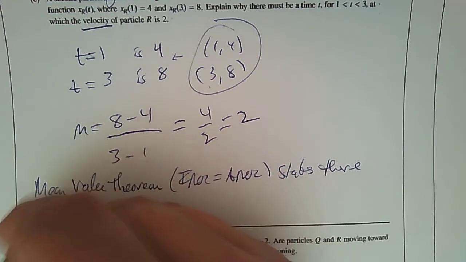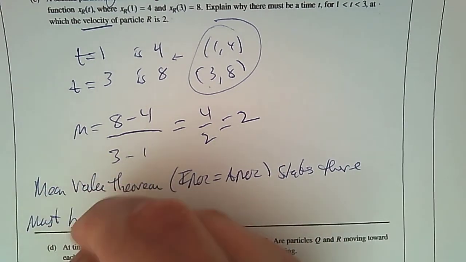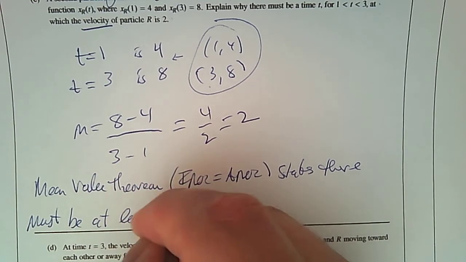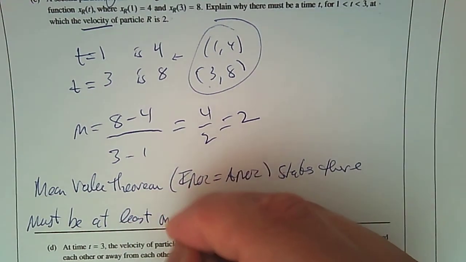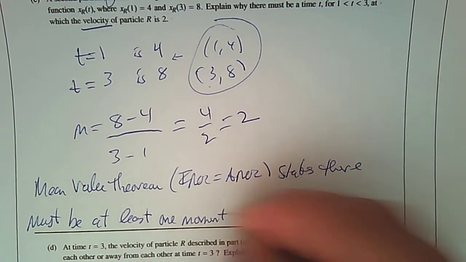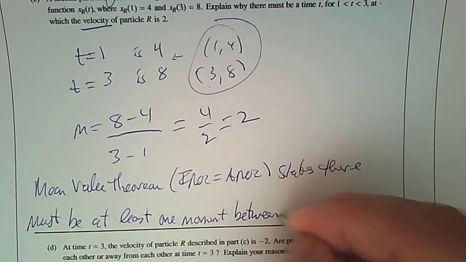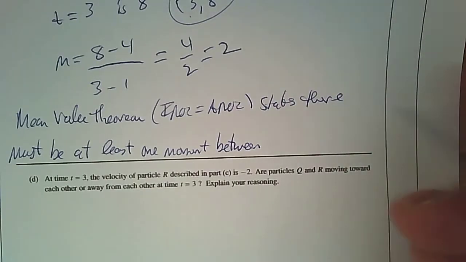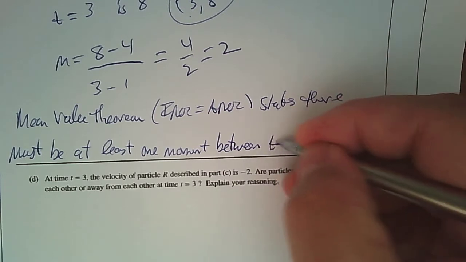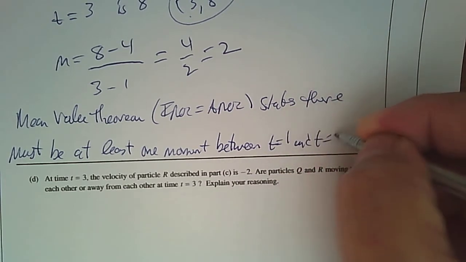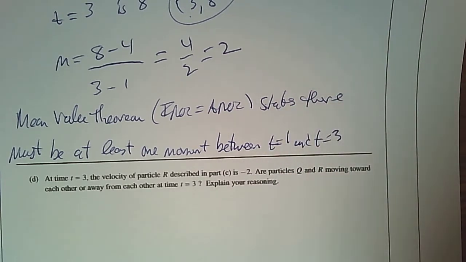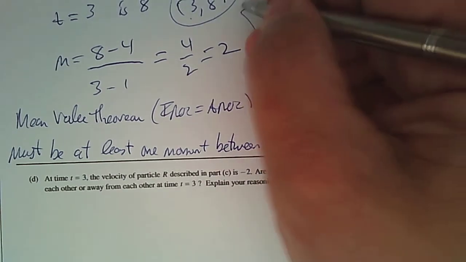It states there must be at least one moment between t equals 1 and t equals 3. Oh, I'm going to run out of space here, but I'll just continue it up here.